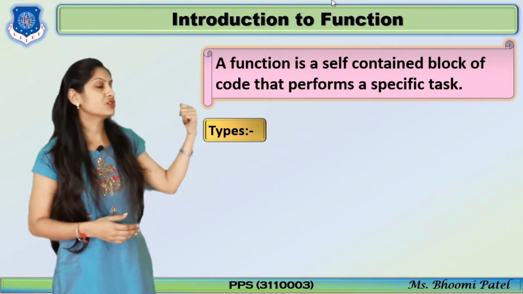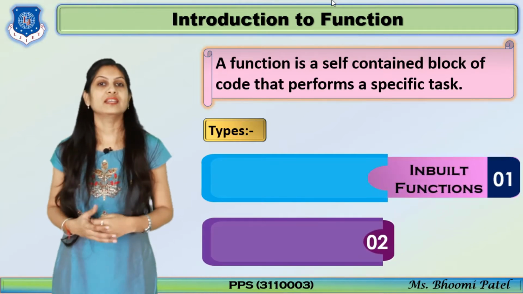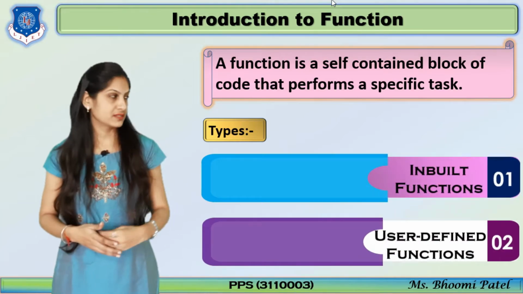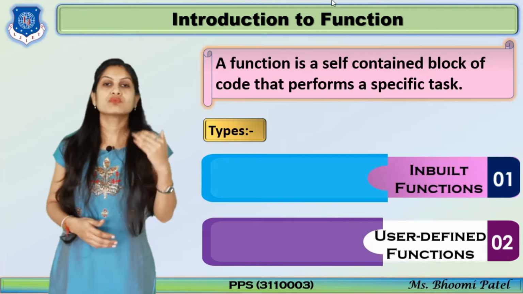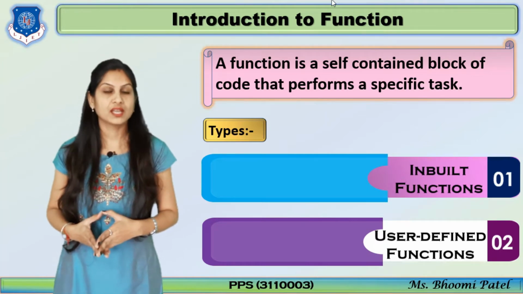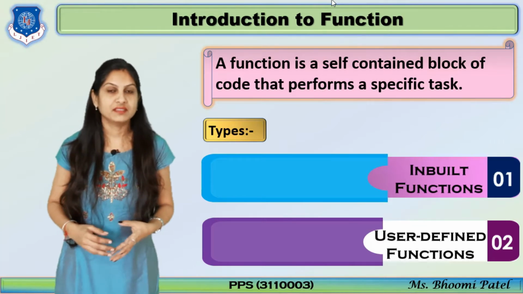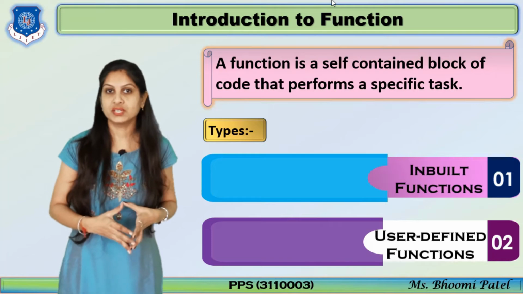So there are mainly two types of functions. First is inbuilt function and second is user defined function. About inbuilt functions we have already discussed in our previous module, that is string. So strlen, strcpy, strcat, these are all inbuilt functions.